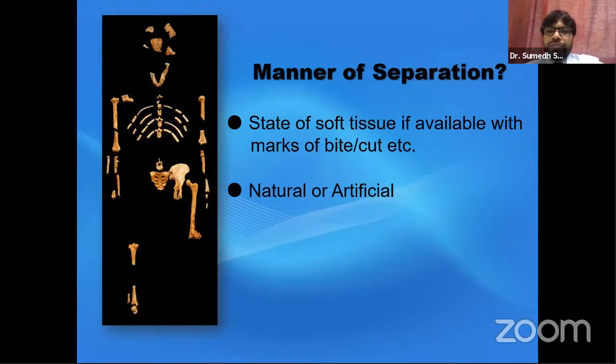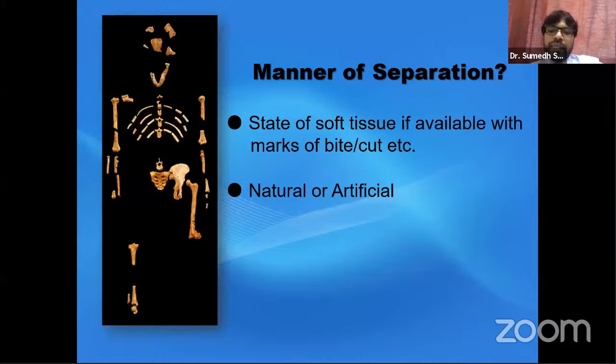Then the manner of separation. There are two modes of manner of separation: it could be natural or artificial. How are you going to identify whether it is natural or artificial? On the basis of the state of soft tissues, because certain tendons or ligaments remain for around a year. If these are in intact condition, that indicates the natural way.